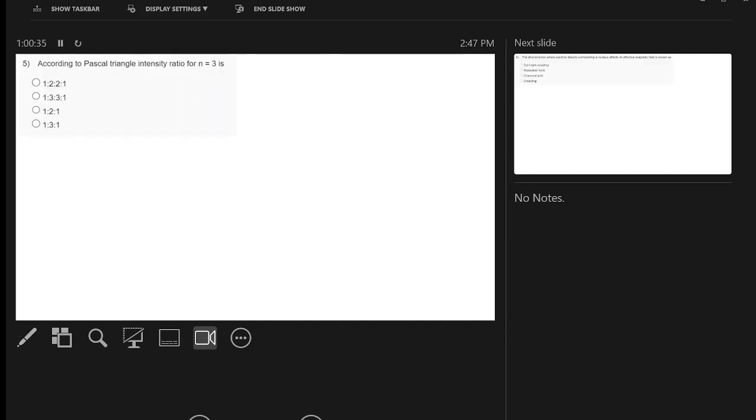According to Pascal triangle, the intensity ratio for n equal to 3. So we know the splitting from the n plus 1 rule. So 3 plus 1 is equal to 4.